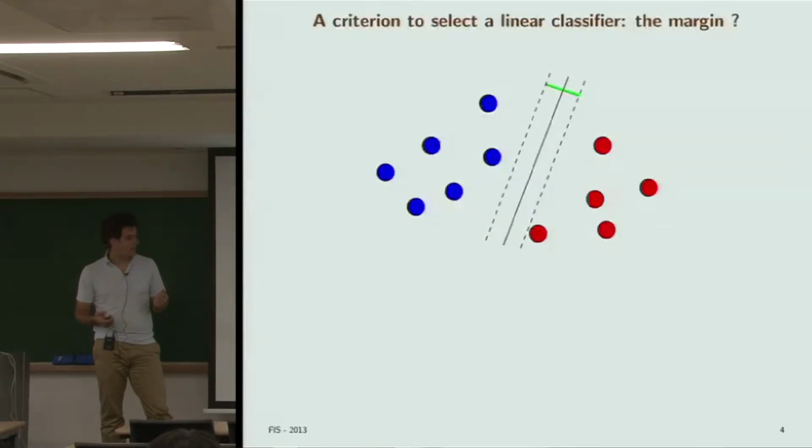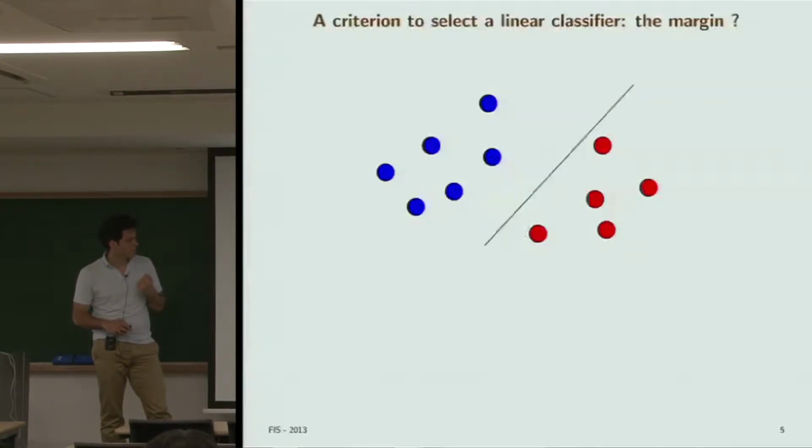So what is the margin? The margin is the width of a tube that you can fit around a hyperplane, and you let that margin expand as much as possible. Once you touch points on either side of the tube, you have the width of the maximal tube.